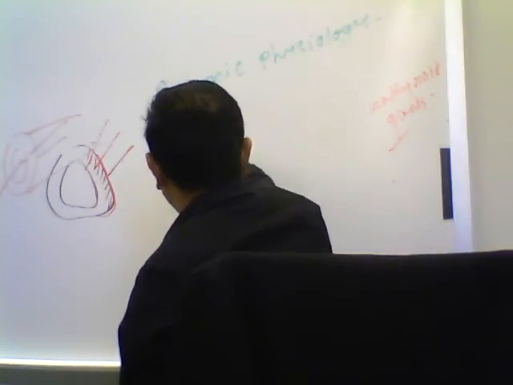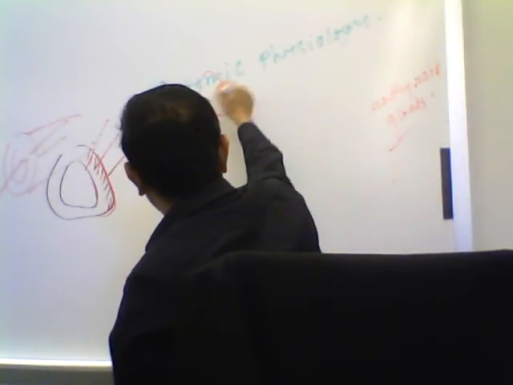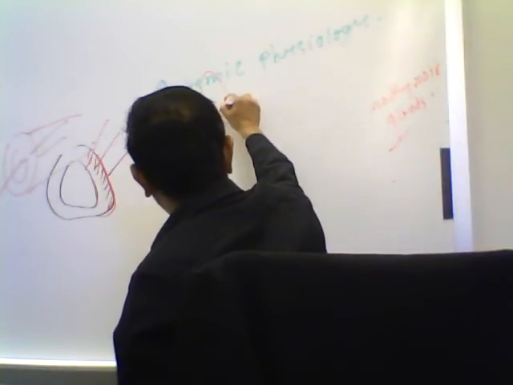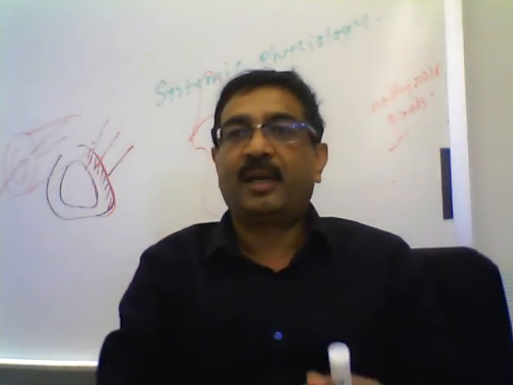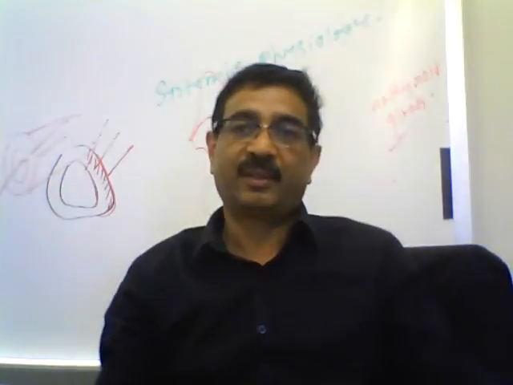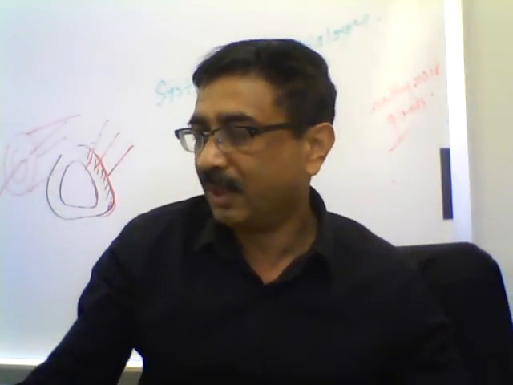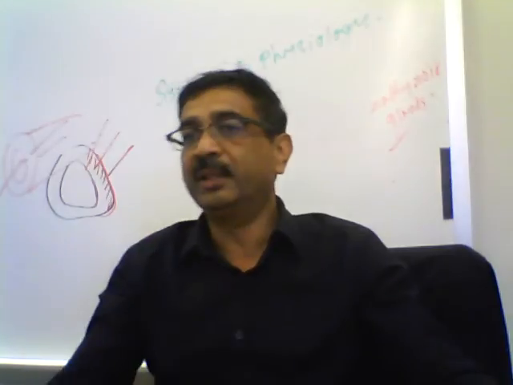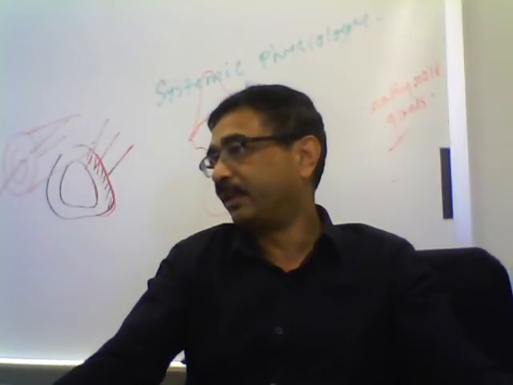If this is the kidney, on the top of the kidney, like a crown or cap, you have the adrenal gland. Adrenal glands are really very important glands. They perform a number of important functions. I'll just mention 3 or 4 of them.